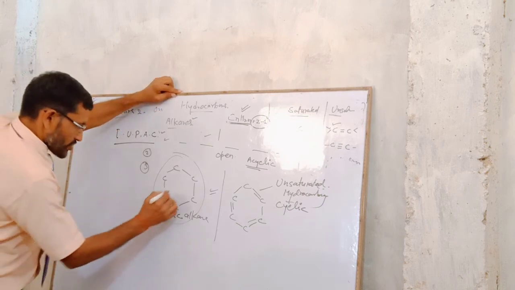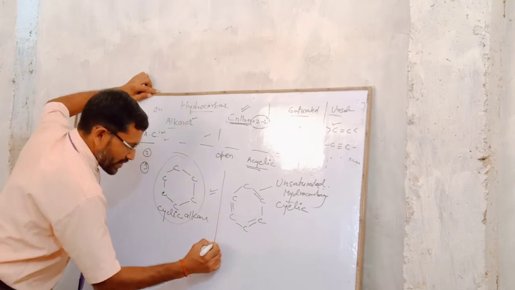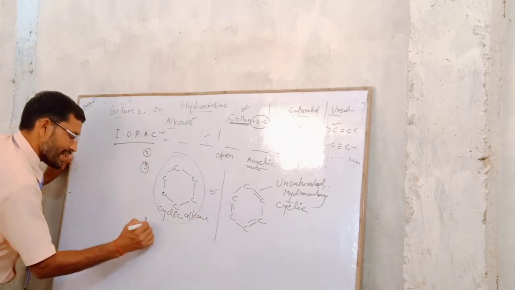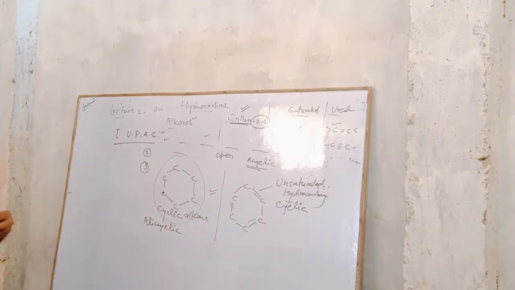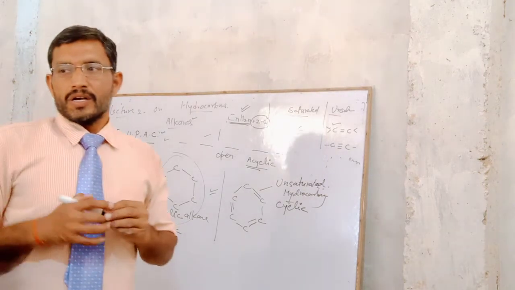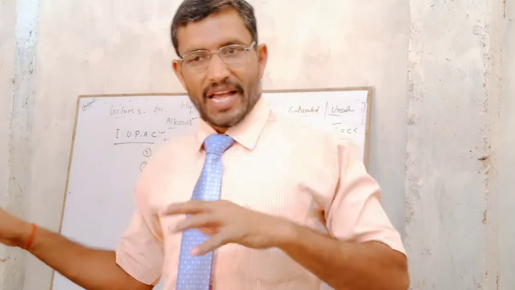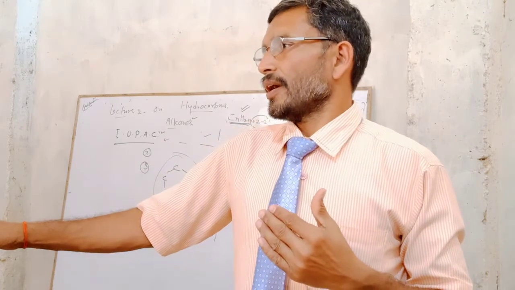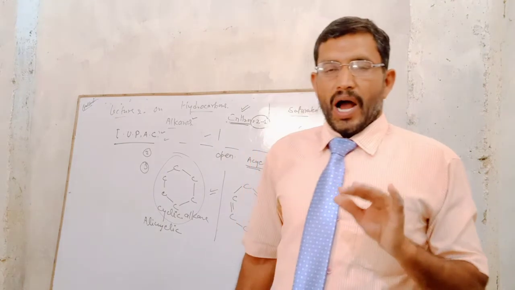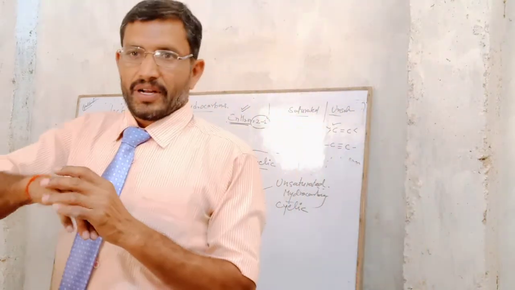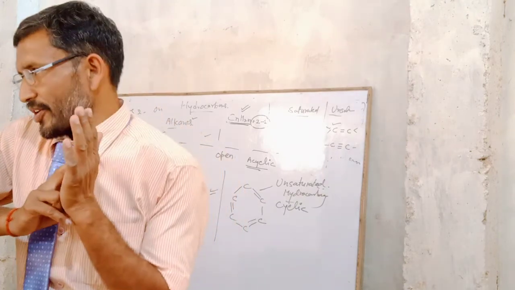Similarly, there are two types of ring again. Another is alicyclic hydrocarbon. Cyclic unsaturated hydrocarbons are of two types: one is aromatic, another is non-aromatic or alicyclic.